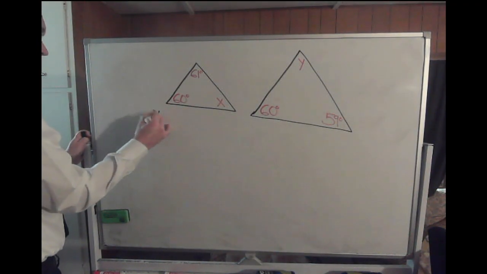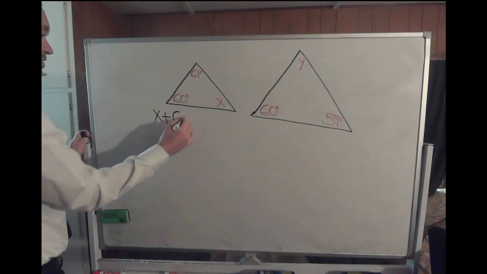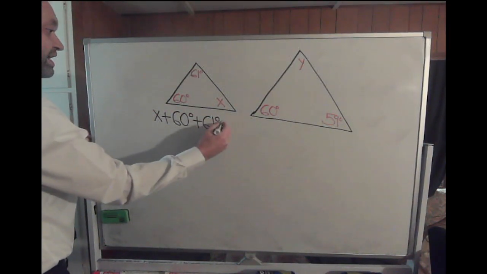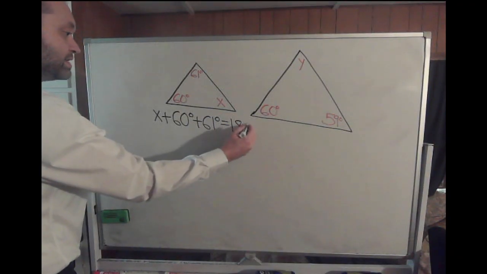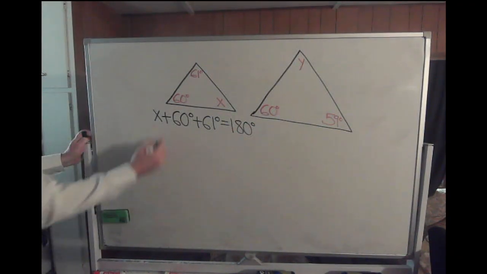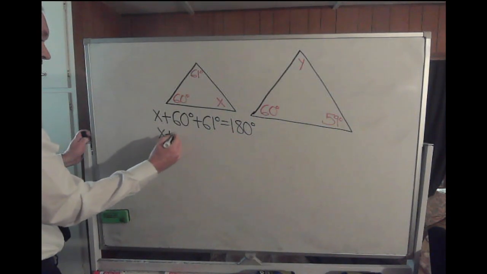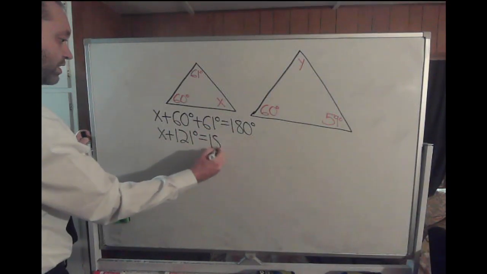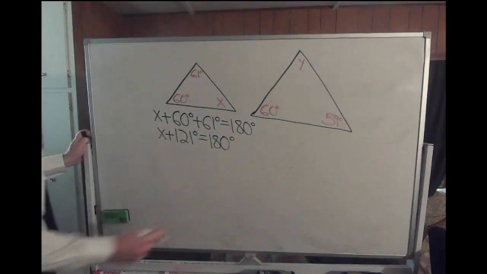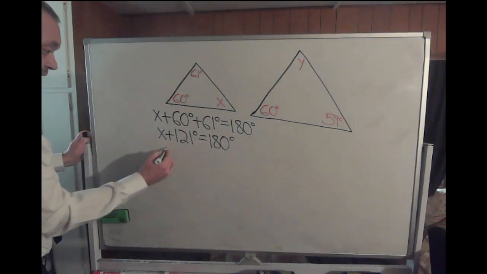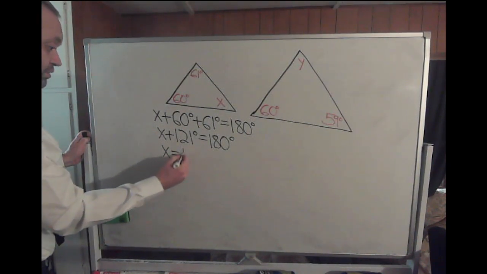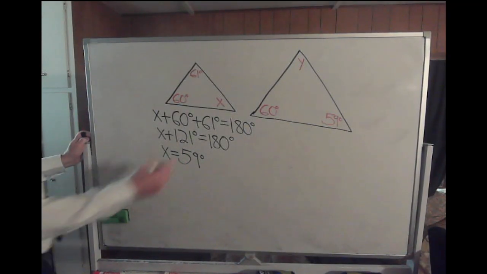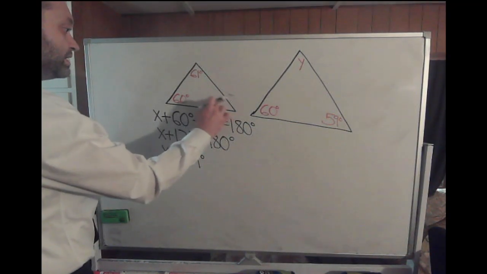If we take x plus 60 degrees plus 61 degrees, we will set that equal to 180 degrees, which then would turn into x plus 121 degrees would equal 180 degrees, which would then have to mean that x equals 59 degrees. So we found the value of x now to be 59 degrees.